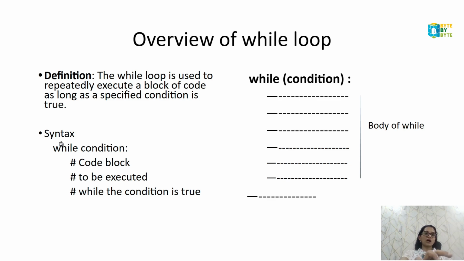This is how your syntax looks: while, condition, and colon. The colon is your signal to the interpreter that the while block is now starting. As long as you follow the indentation, you are in the same while block. If you come out of that indentation, the while block has ended, and the next statement will be outside of the while loop.